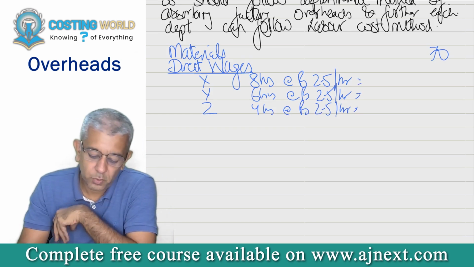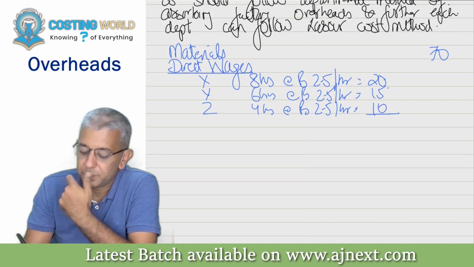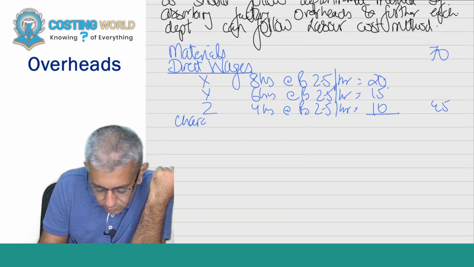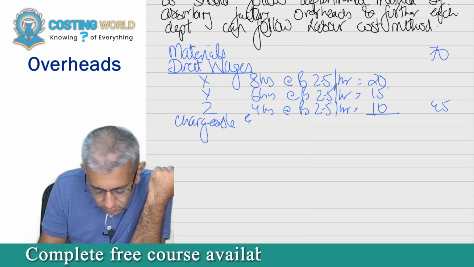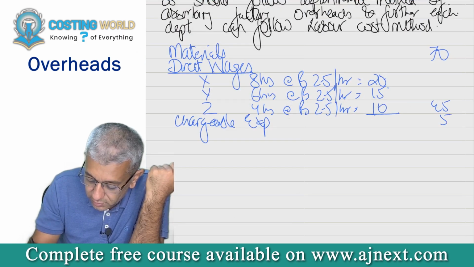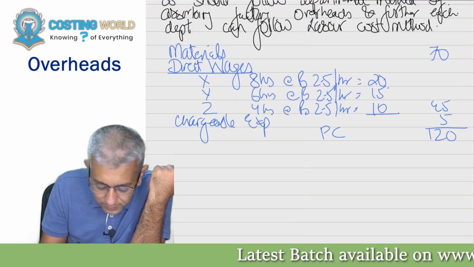So 8 into 2.5 should be 20, this should be 15, this should be 10, 45. Chargeable expenses, that is 5. Prime cost was given in the problem, 120.